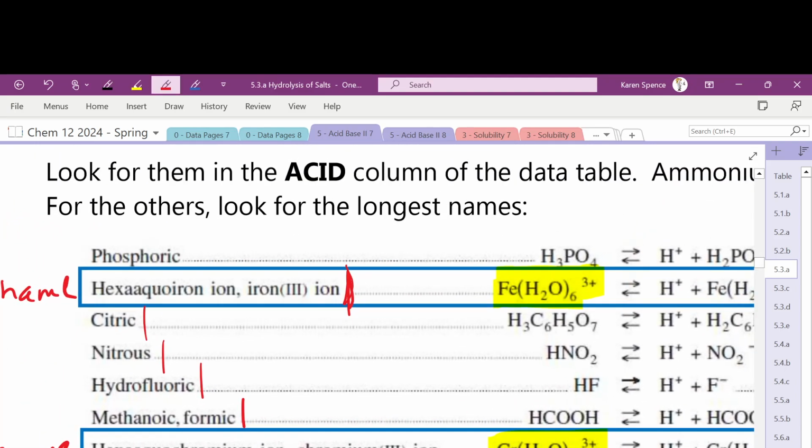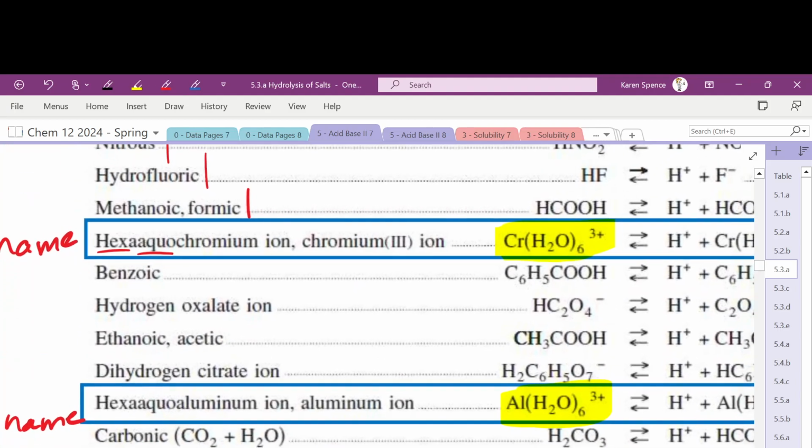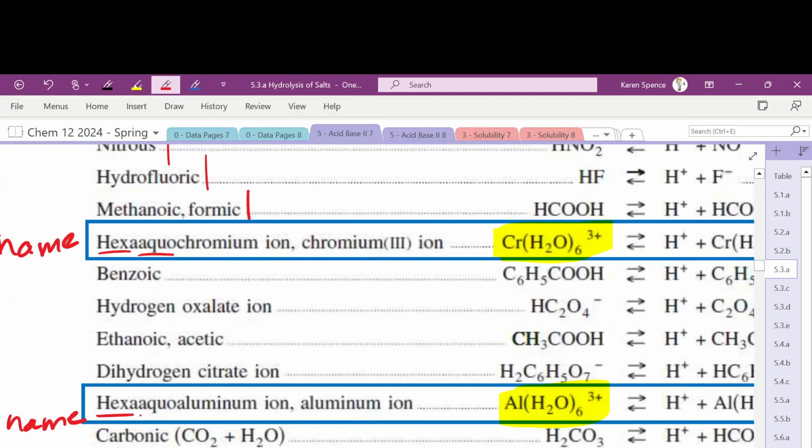Because this iron has 6 waters attached to it, it is called the hexaaquairon ion. Whew, it's a mouthful. And then we have chromium, 6 waters, hexaaquachromium ion. And aluminum, 6 waters, hexaaquaaluminum ion.